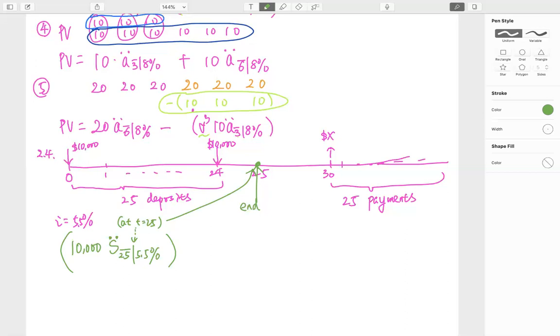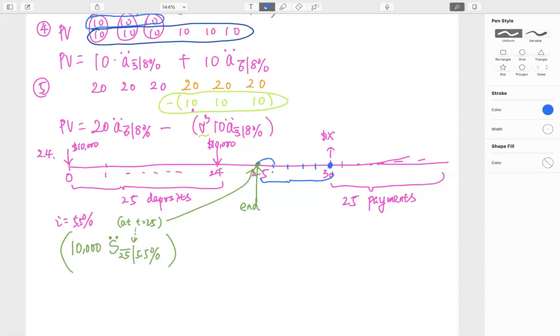But this is not when she starts to withdraw money, right? She begins withdrawal here. So how many years between those two? If you are not sure, this is a relatively short period, so you can actually write down 26, 27, 28, 29.